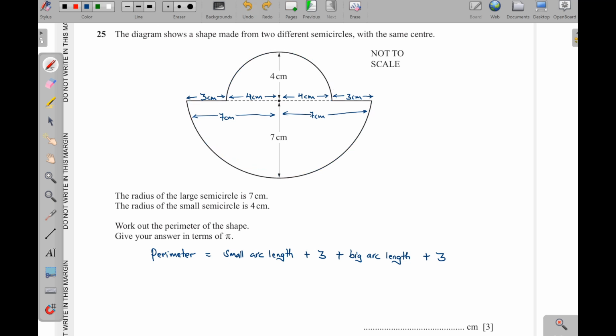Okay, now arc length is equal to theta out of 360 degrees, then times 2 pi r. This is the circumference of a circle, because an arc is part of the circumference of a circle, and the circumference of a circle is given by what? By 2 pi r.